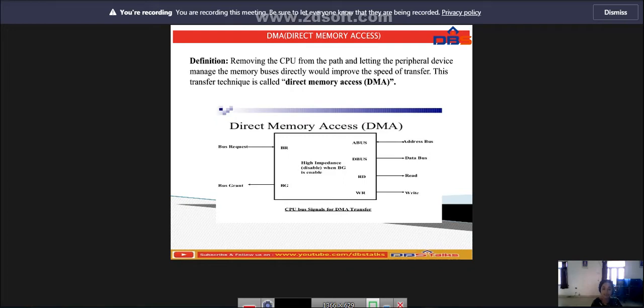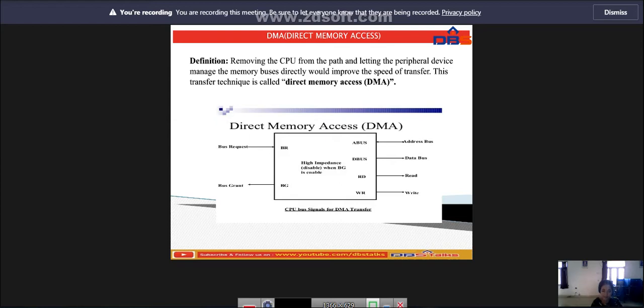Whenever the input is active, the CPU terminates the execution of the current instruction and places the address bus, data bus, and read and write lines in the high impedance state. Then BG means bus grant output.